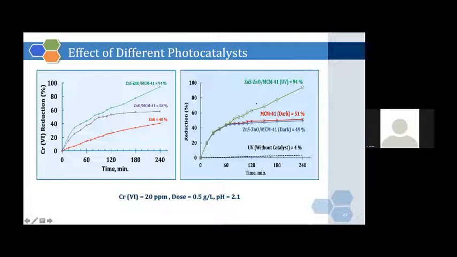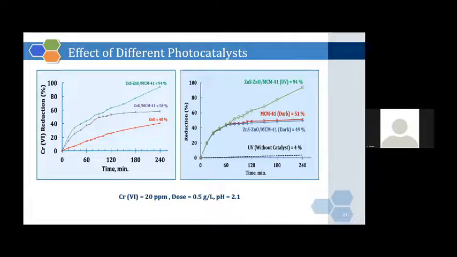In the right figure, there are two more control experiments to confirm our results. The first one is photolysis under UV only without catalyst, and the removal was only 4%, confirming the stability of hexavalent chromium under light.